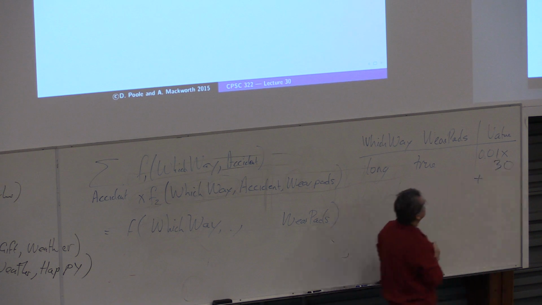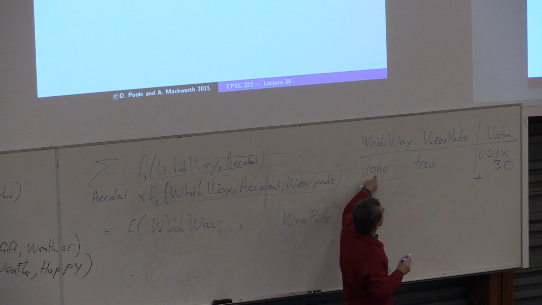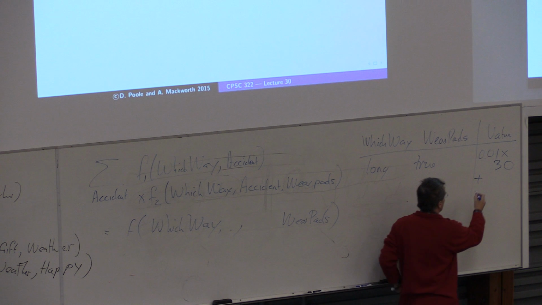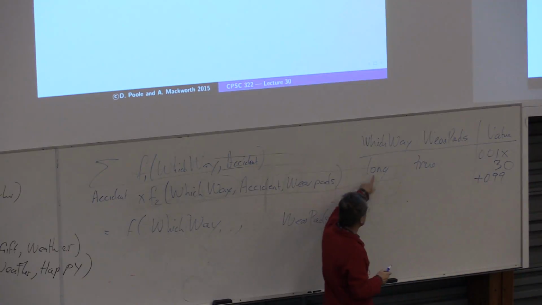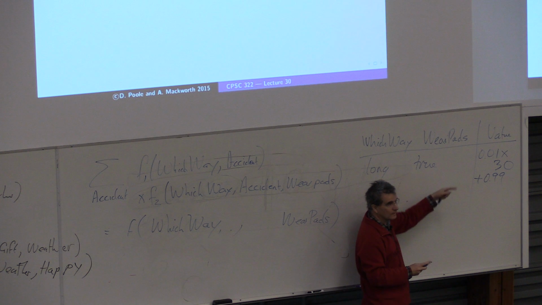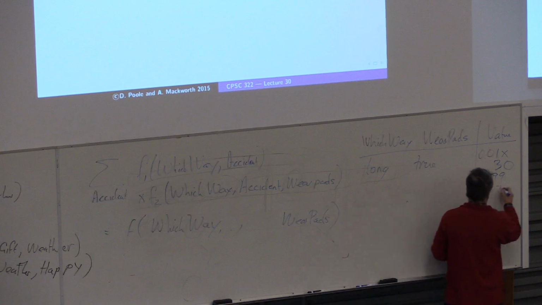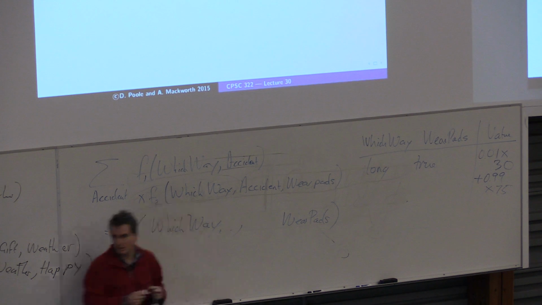Plus, long way with accident false is 0.99. And what's the case where long way, pads true and accident is false? 75, right. Okay?